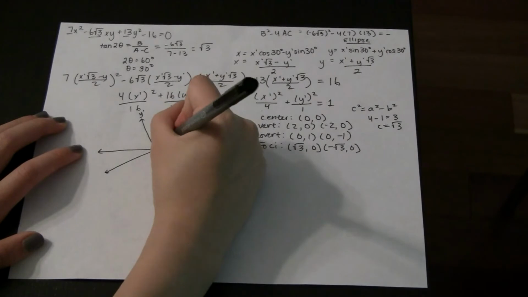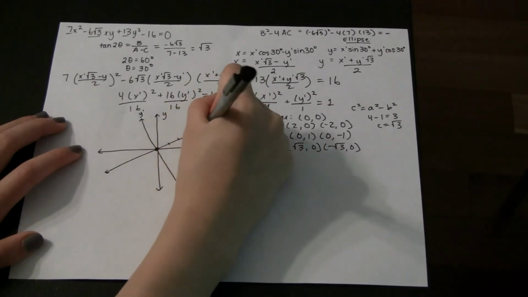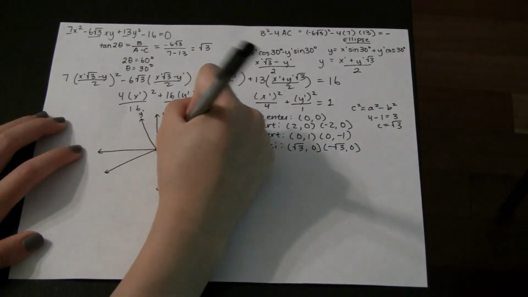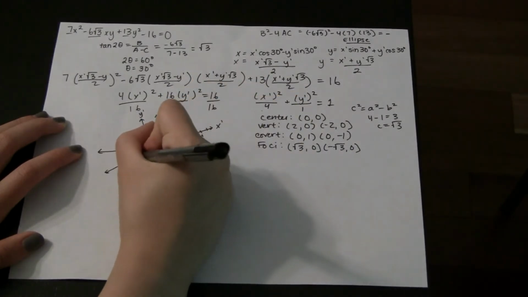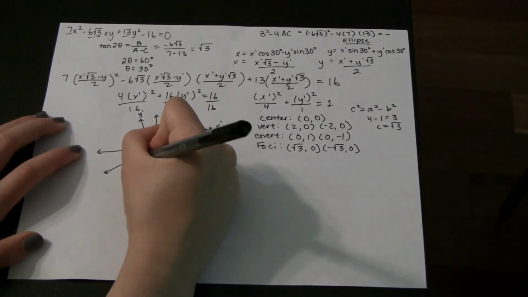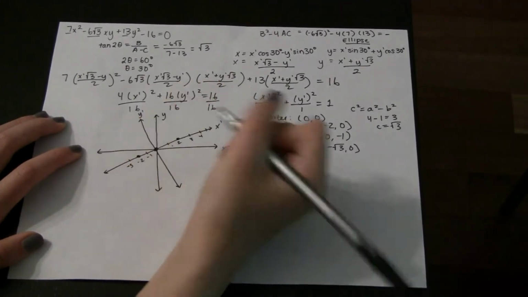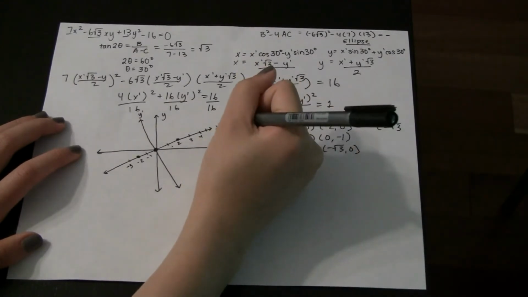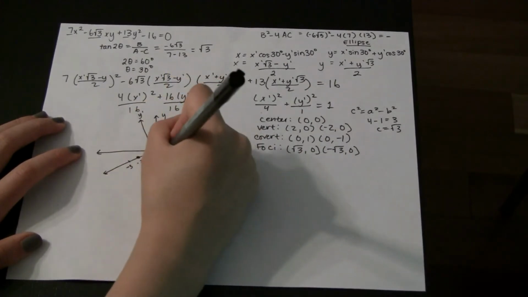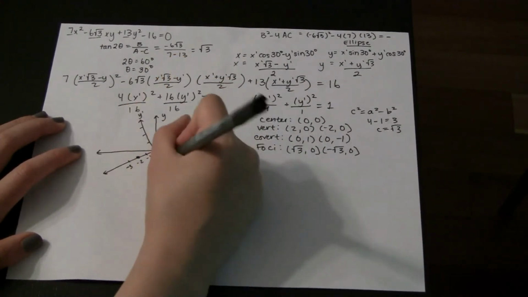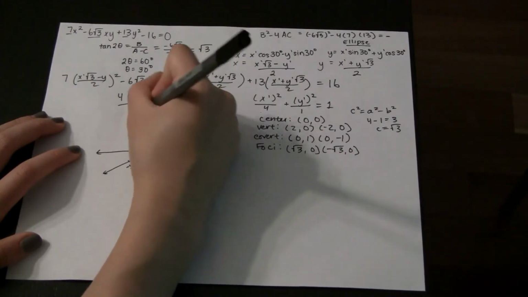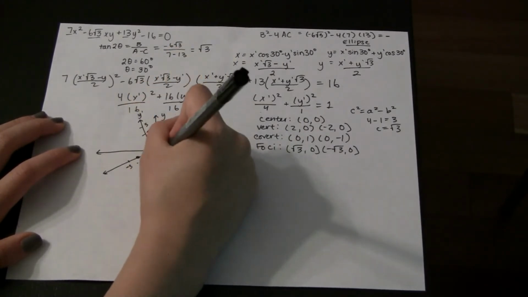Our vertices would have to be on, so this is our first vertex, and then this is our other vertex. And then our co-vertices would be here and over here.